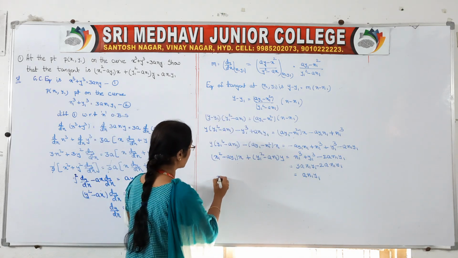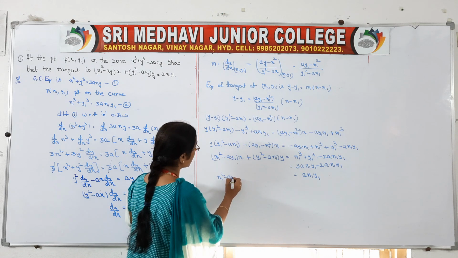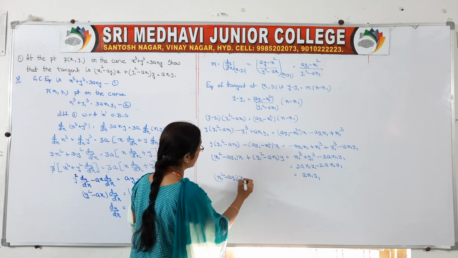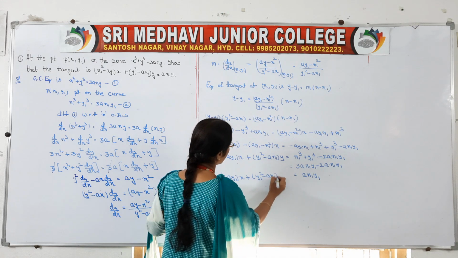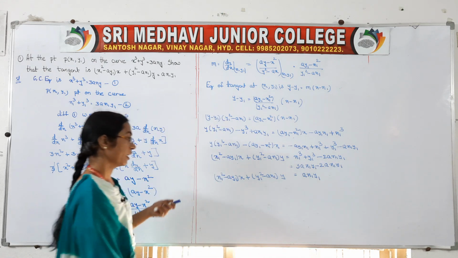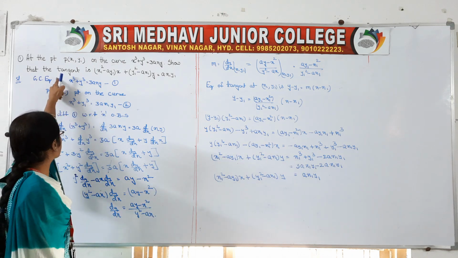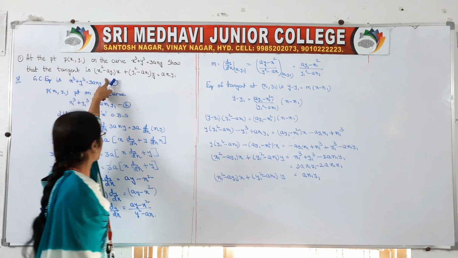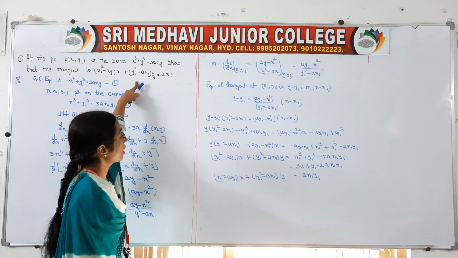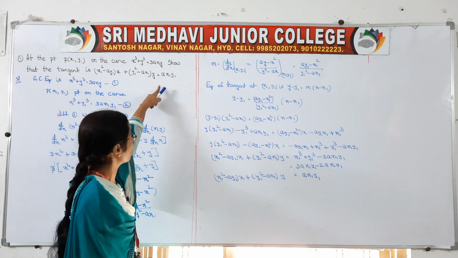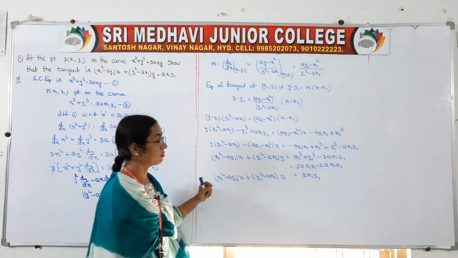Okay, so it is x1 square minus a y1 into x plus y1 square minus a x1 into y. So see, we got the equation of the tangent: x1 square minus a y1 into x, plus y1 square minus a x1 into y is equal to a x1 y1.